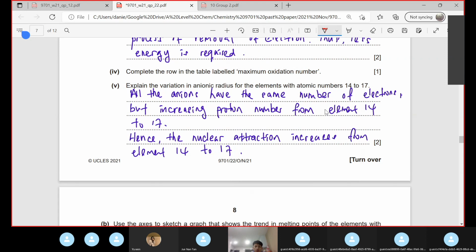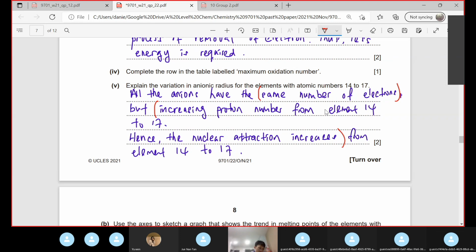How are the 2 marks given? As long as you state same number of electrons, 1 mark. Another mark is you state increasing proton number and the nuclear attraction increases. Then you will get the second mark.